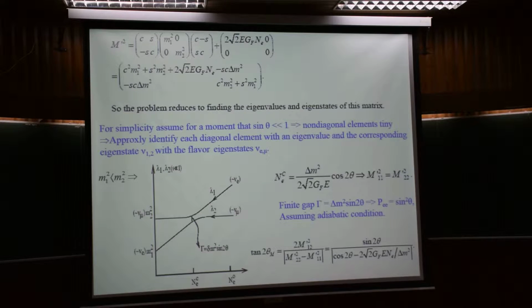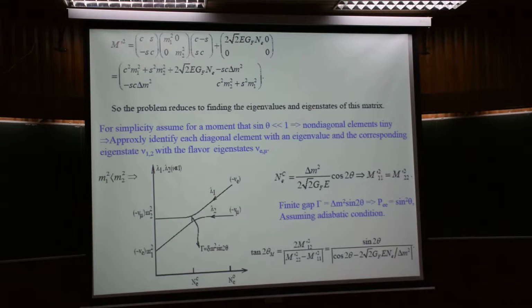Why? Because what we are concerned with is not the mixing angle in vacuum, but the mixing angle in matter. And tan 2 theta in matter is given by twice the off-diagonal element over the difference of the two diagonal elements. That is the angle which will rotate it into a diagonal matrix. So tan 2 theta in matter, if you take the difference of the two diagonal elements, is sin 2 theta over cosine 2 theta minus 2 root 2 GF times the electron density and energy.